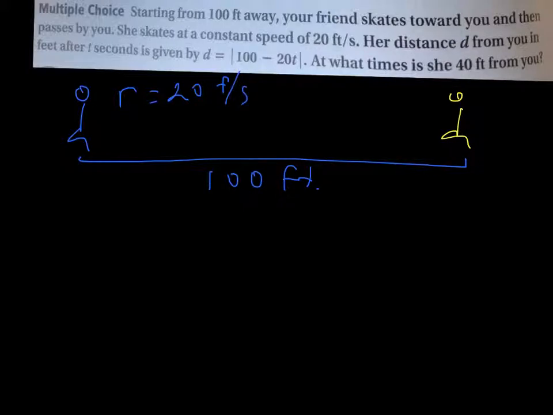Her distance d from you in feet after t seconds is given by d equals the absolute value of 100 minus 20t. So that represents her distance after t seconds. At what times is she 40 feet from you?